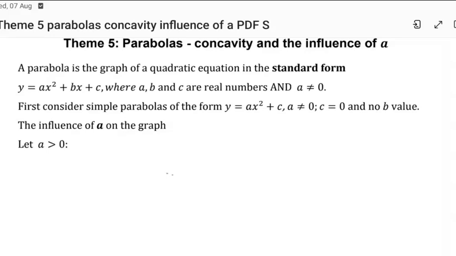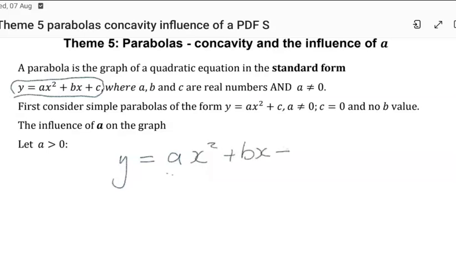Let us look at parabolas. Parabolas are most definitely functions. So if we look here at the standard form of a parabola, which is y equal to ax squared plus bx plus c.